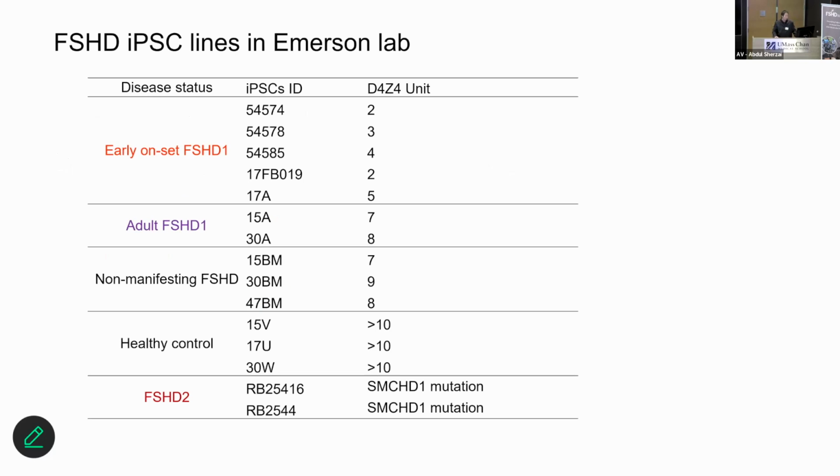We also generated 3 non-manifesting iPS lines, which have less than 10 repeats but no phenotype, and 3 healthy controls and 2 FSHD2 iPS lines.